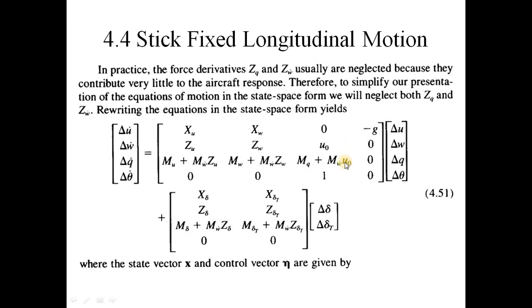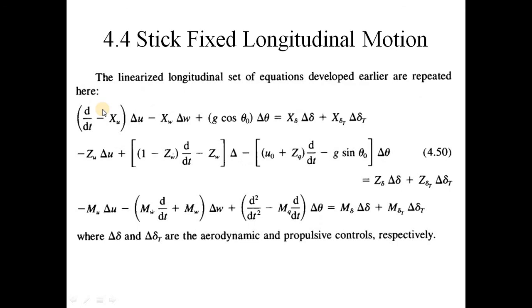So boleh je nak taruh. Okay, boleh nak taruh. Nak taruh pun boleh. Tapi dalam kes ni dia assume dia neglect ZQ. Sebab apa? Kecil sangat nilai dia. And also ZW dot. Okay, pun dia neglect. This part also neglect because it's kecil sangat. Okay, so small. Jadi kalau tak ni lagi banyak ni nak bagi ni. Susah kan? Sebab ni kan acceleration. Okay, ini acceleration W kan.